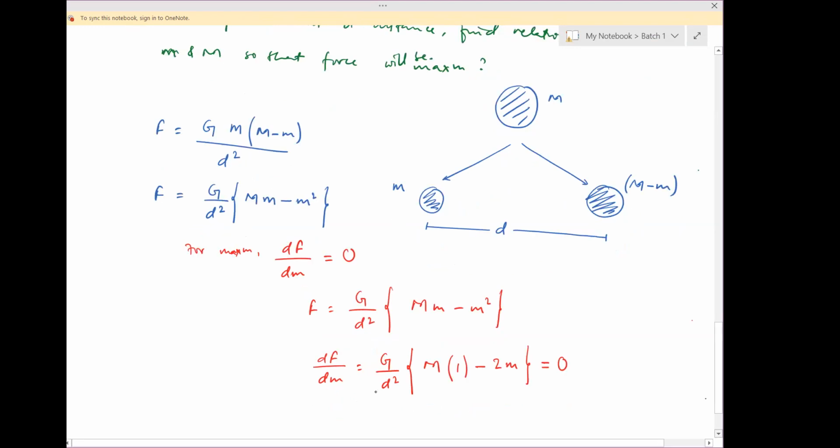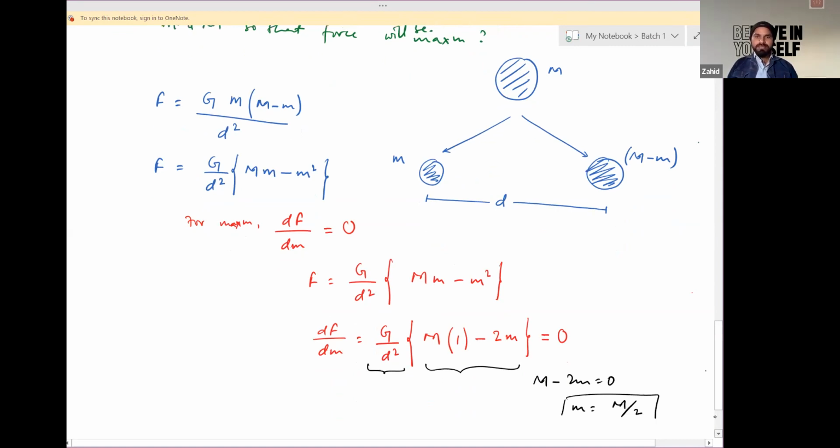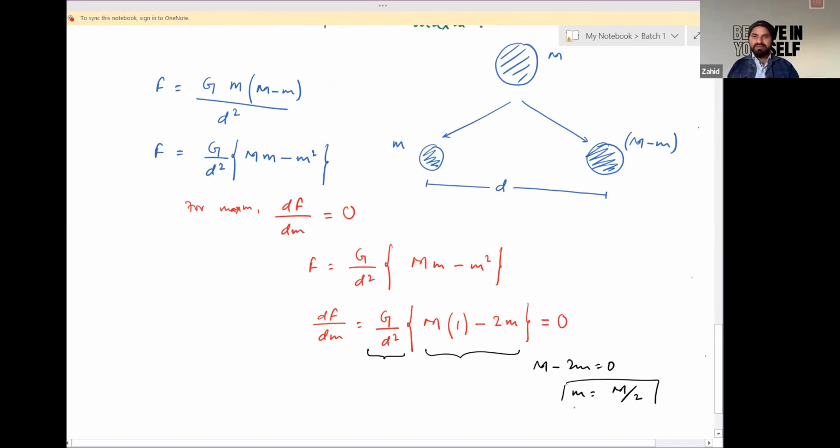Now, since this coefficient is a constant term, the remaining term must be equal to 0. So M minus 2m equals 0. So small m equals M by 2, which means if the mass is divided equally, then the force between the parts will be maximum.